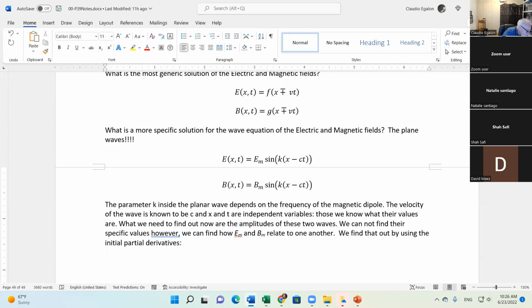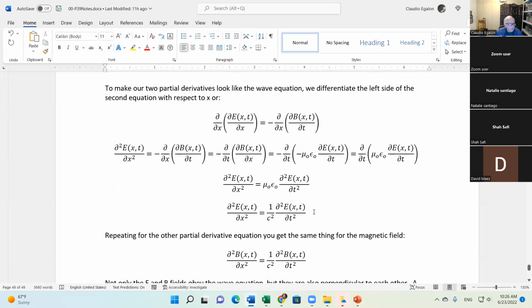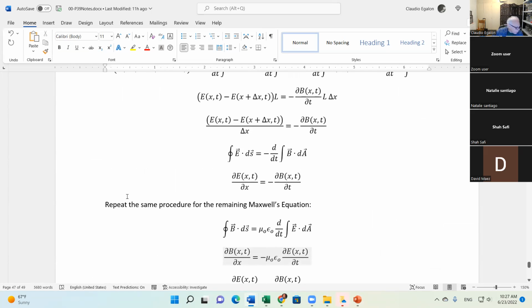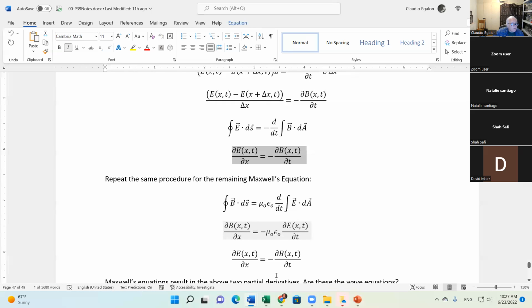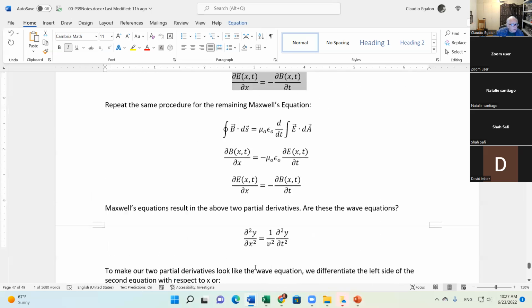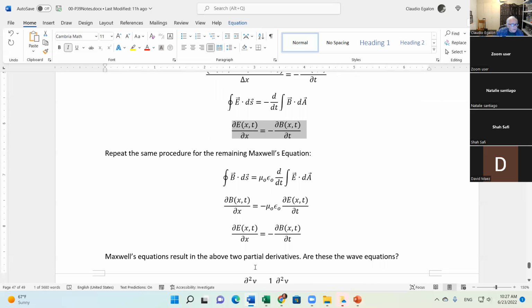Okay, and the partial derivatives I'm talking about are those ones here. Here you go. This one. See, we got this partial derivative. We got this other partial derivative. That's one partial derivative. And what's the other partial derivative? Oh yeah, we have this other partial derivative here.